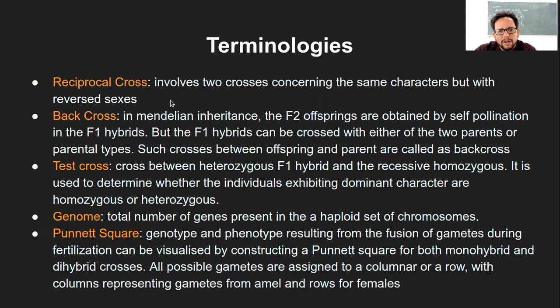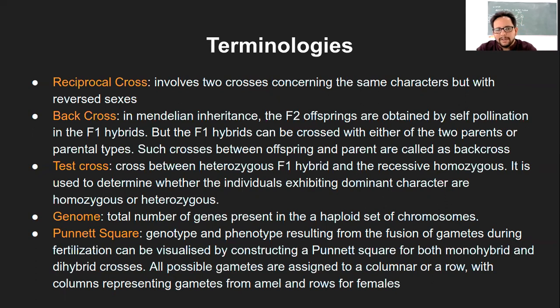So reciprocal cross we had seen, which involves two crosses concerning the same character but with reverse sexes. So let's say in the first case I took a tall, homozygous dominant plant as male in terms of anthers, and a homozygous recessive dwarf plant as female with stigma, and then you reverse it.